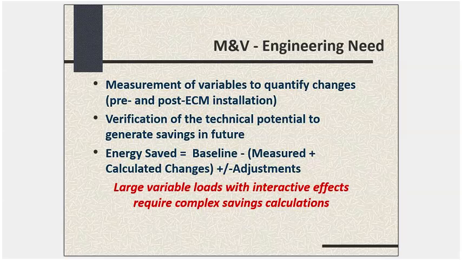Or if in the case of you measuring a time-related factor, the operating hours have actually changed, for example. And usually when you look at energy savings, you're going to be comparing a baseline minus the measured and or calculated changes, plus or minus any adjustments that might have occurred to affect the baseline. And this sounds all conceptually very simple, but it actually, especially when you have very large variable loads with interactive effects, that can require more complex calculations.